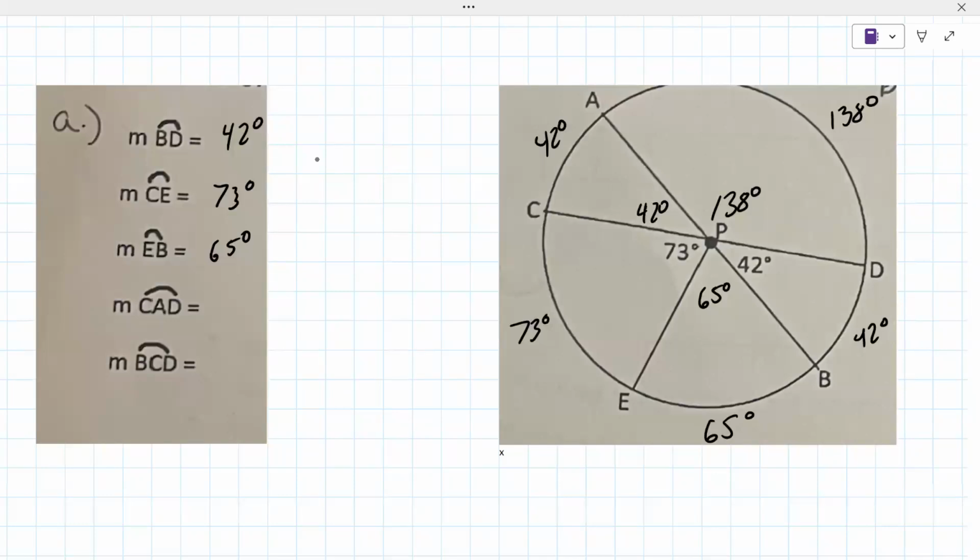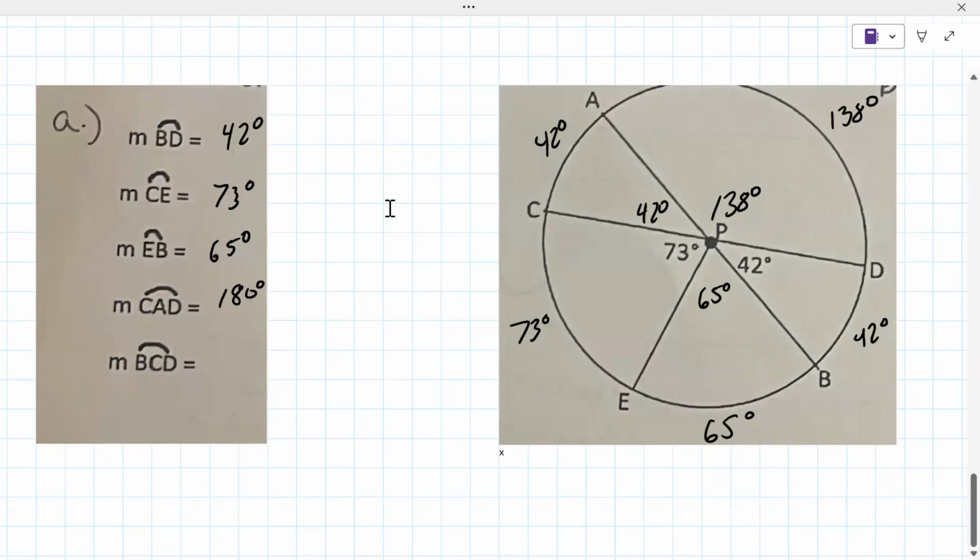C A D would be 180. And B C D. Would I just add them all together? You could, or you can also subtract. Remember, the whole thing if you go all the way around is 360. But what about E?